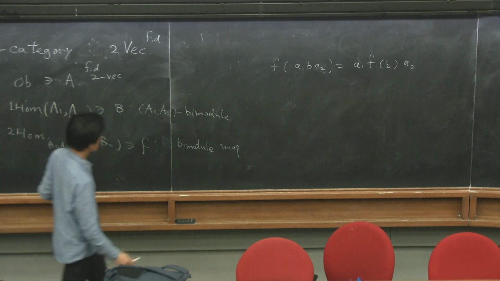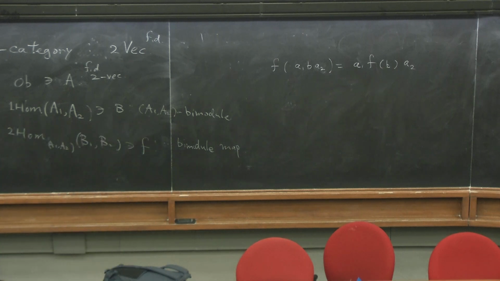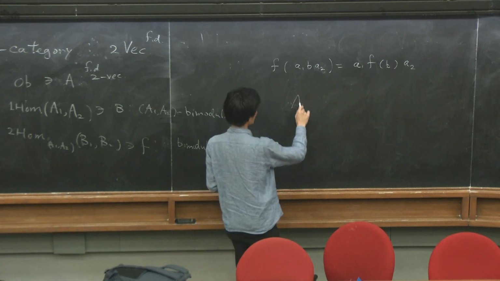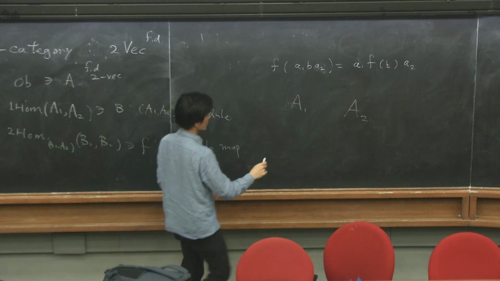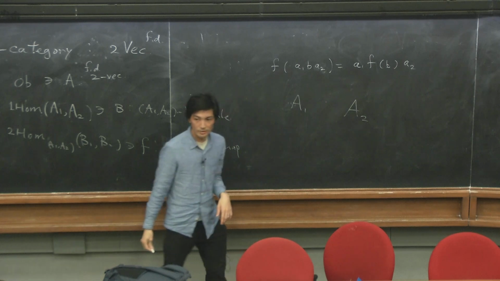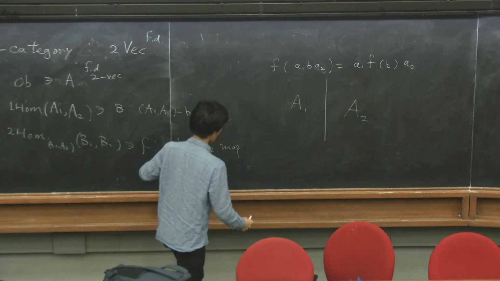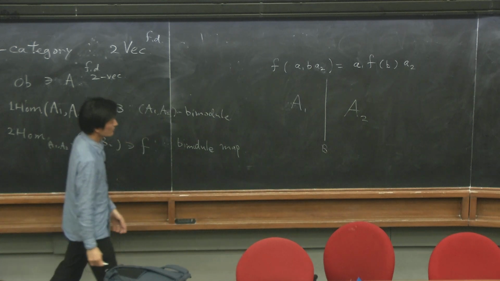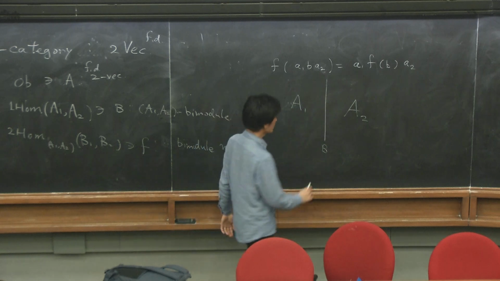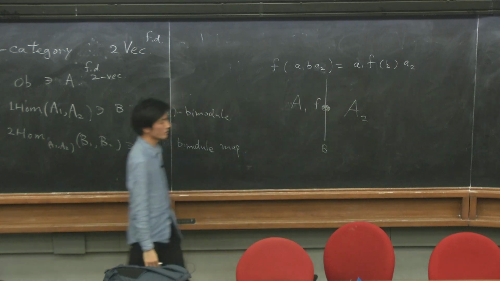The physics picture is this. Maybe I rewrite here: objects give you a 2D topological system, and then a 1-morphism is the interface, and a 2-morphism is the interface of interfaces.